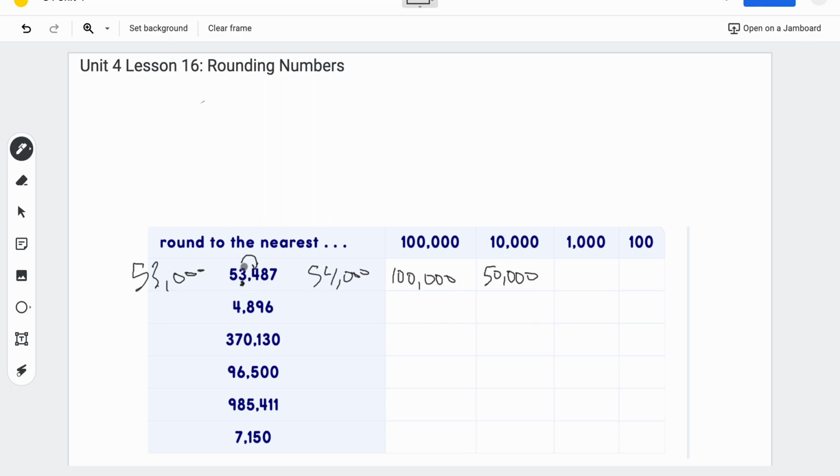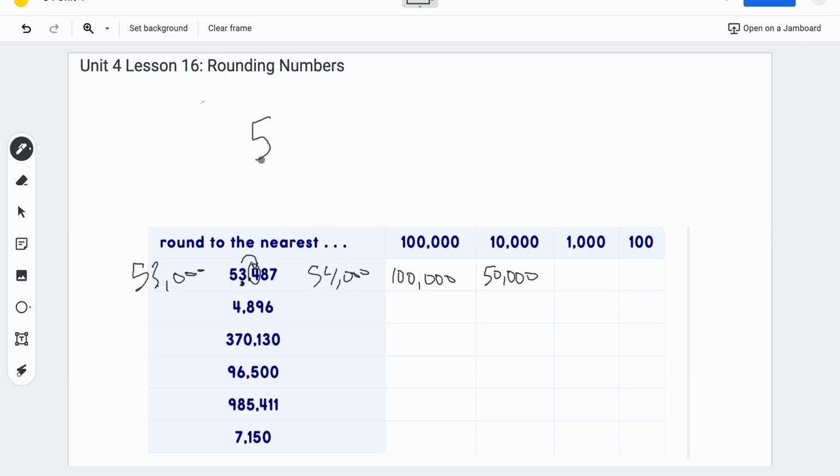So look to the next digit to the right. Here you see a 4. You know that in base 10 numbers, which is our number system, 5 is always the middle, because between 1 and 10, 5 is the middle.